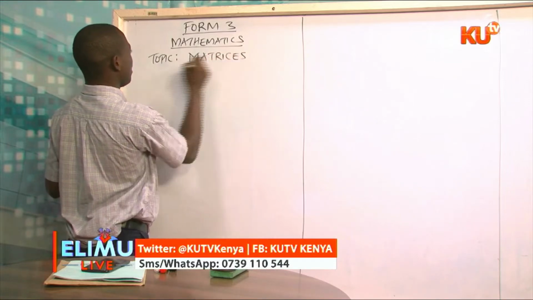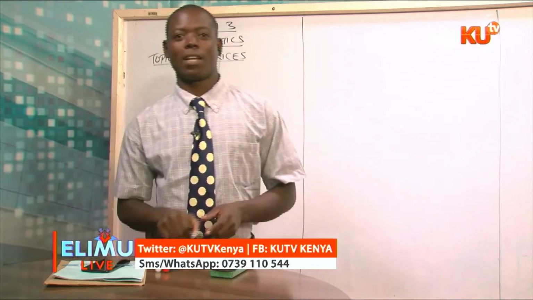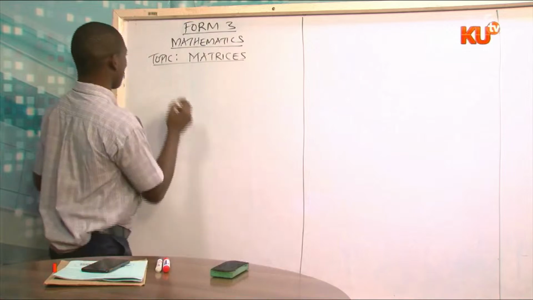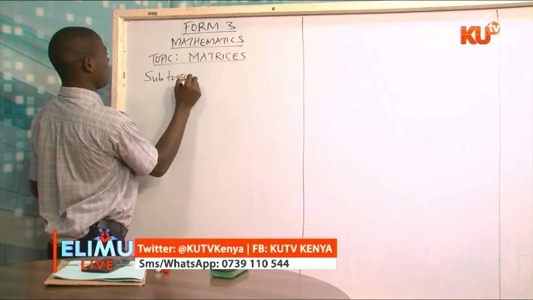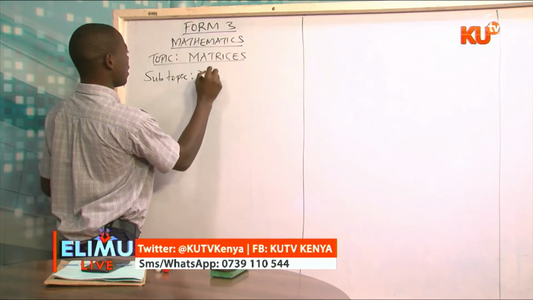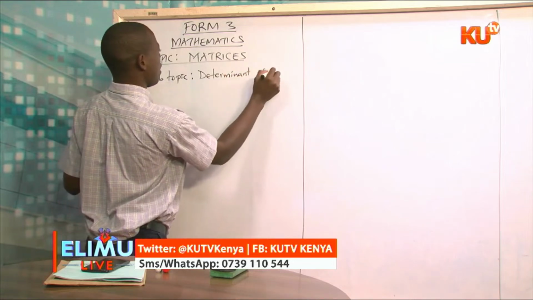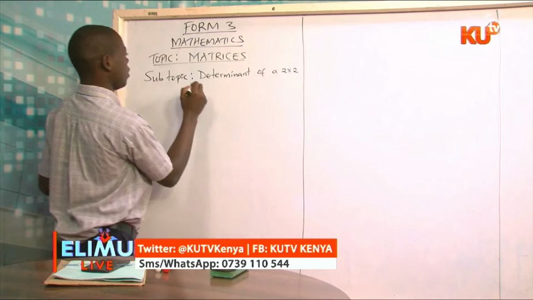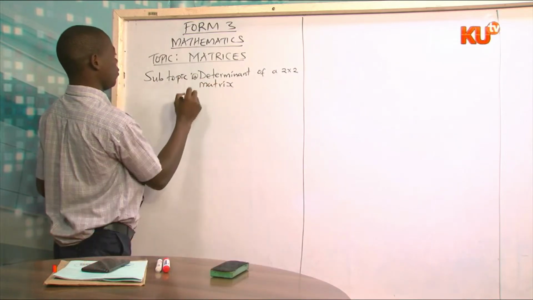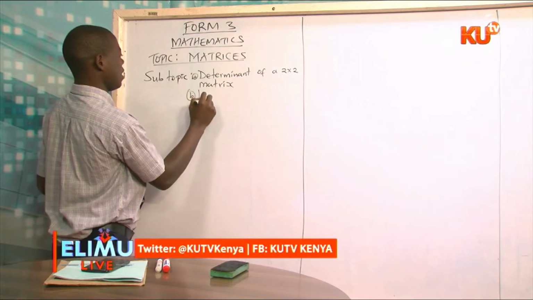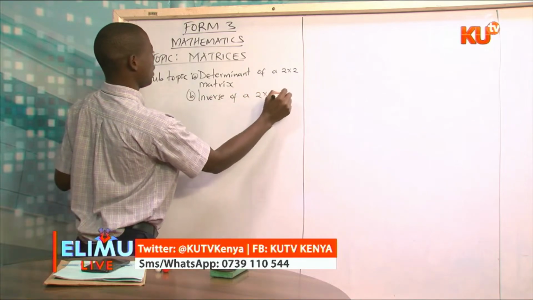Specifically in our lesson today we are going to look at the subtopic, number 1, the determinant of a 2 by 2 matrix, and then number 2, we will discuss the inverse of a 2 by 2 matrix.